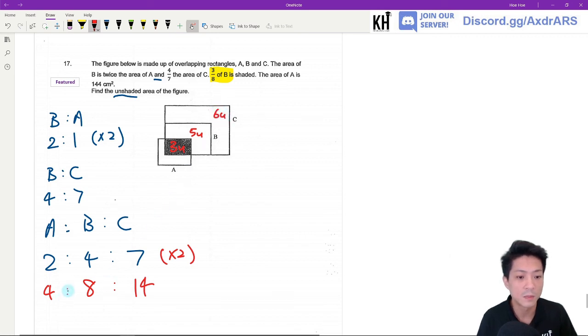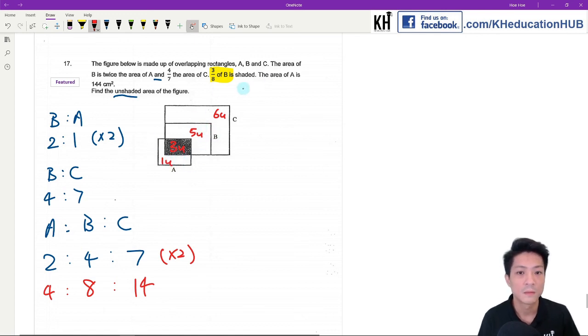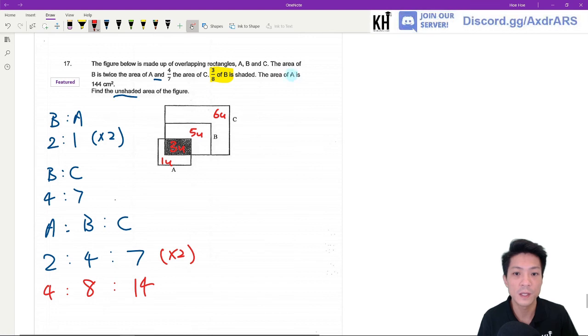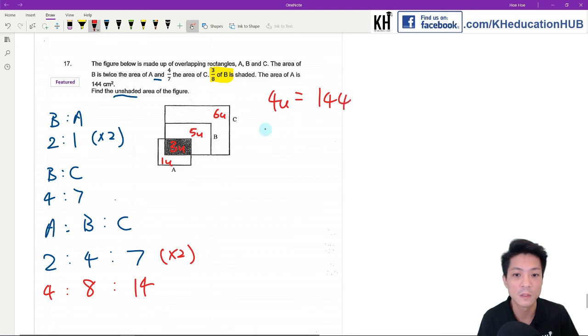Let's look at A. A is 4 units, which means this part here is going to be 1 unit. Remember the area of A is 144 square cm, and this means that 4 units is equal to 144.